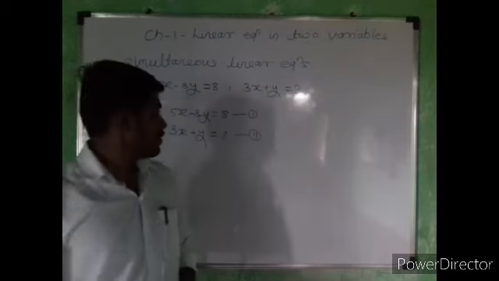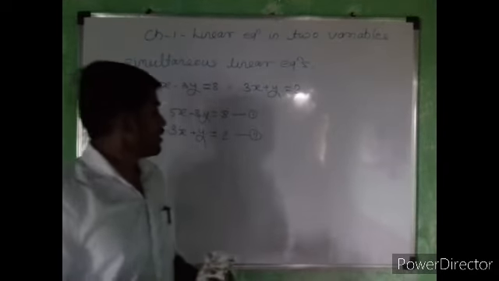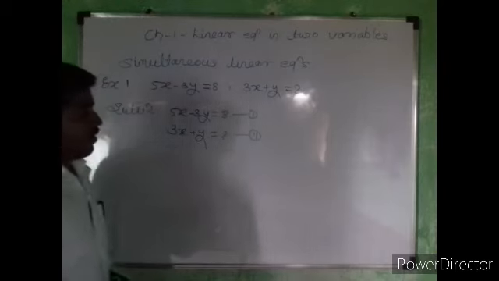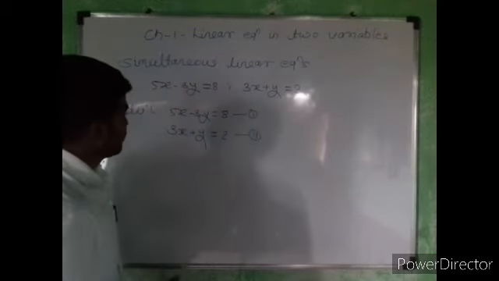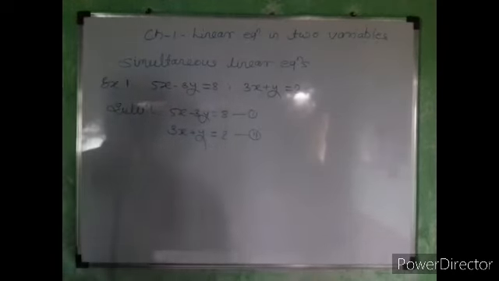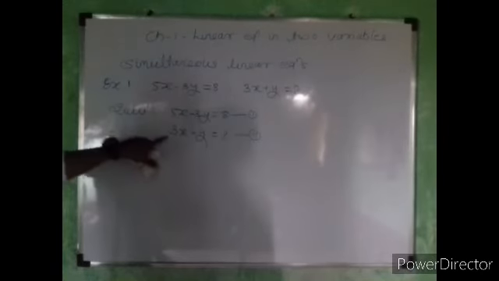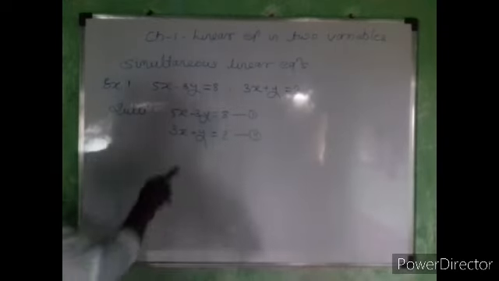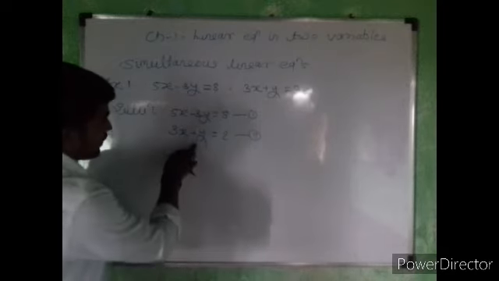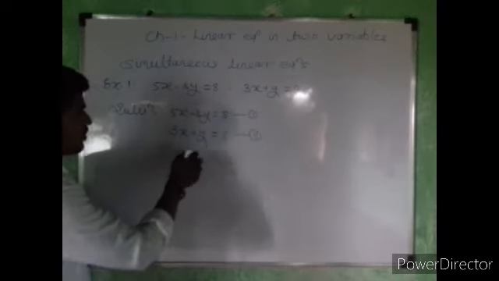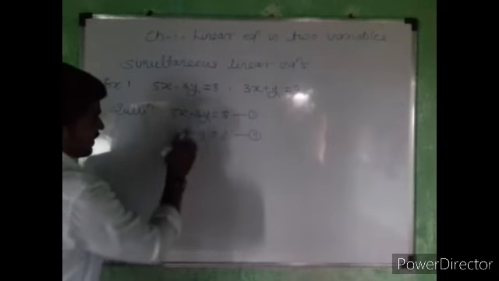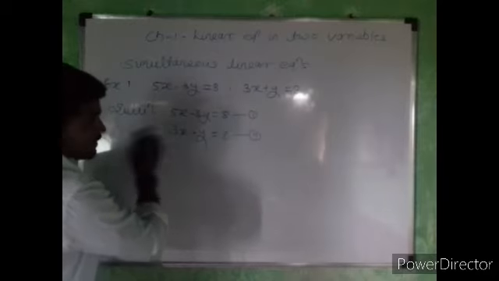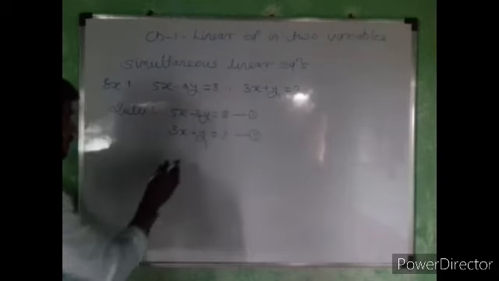Firstly, we know which operation is done on equation 1 or 2. So here is a minus 3y, and we want here the 3y. Because of the 3y, this minus 3y and this 3y will get cancelled.